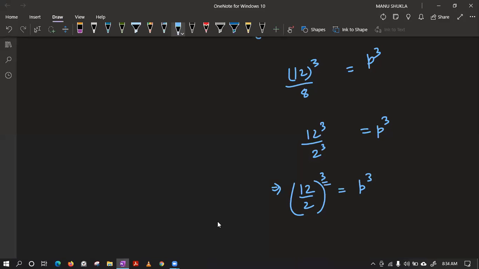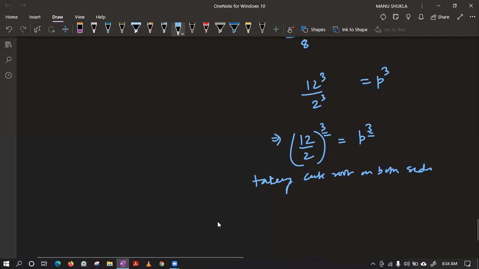Now, if you see the powers are the same on both sides, so you take the cube root on both sides, the power will go and we get the answer p is equal to 12 upon 2. No, but Vaishnav, one mistake: you have written under root. It is not under root, it is cube root.